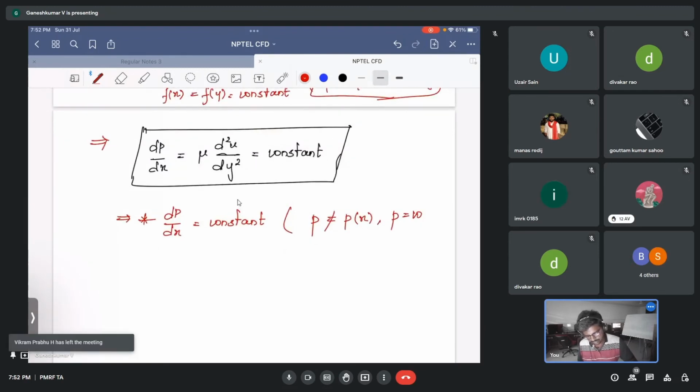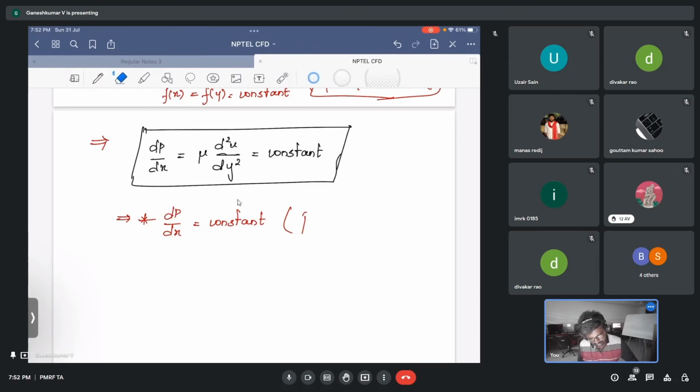So P is not a constant, but the pressure gradient is a constant. Sorry about that. So you can write ∂P/∂x equal to some g, let's say, some constant. The pressure gradient is going to be constant.